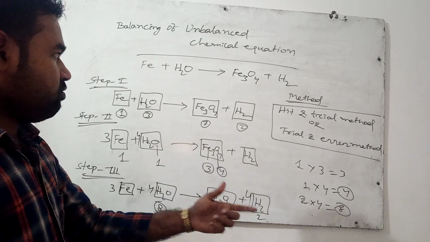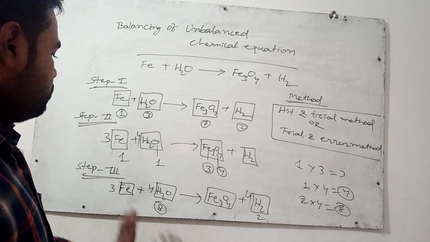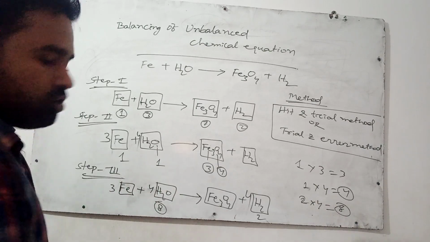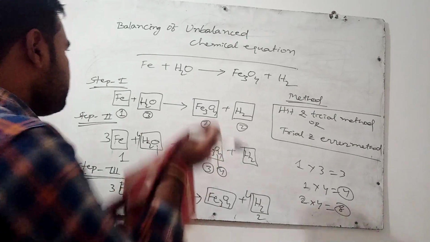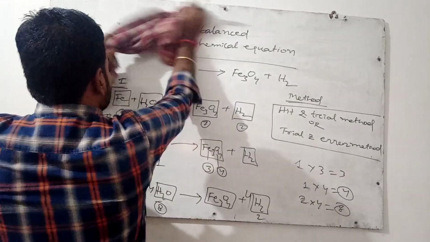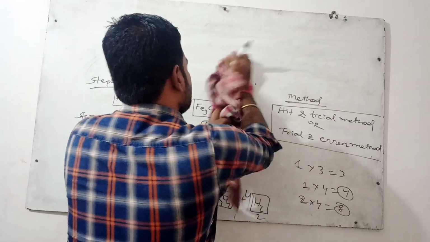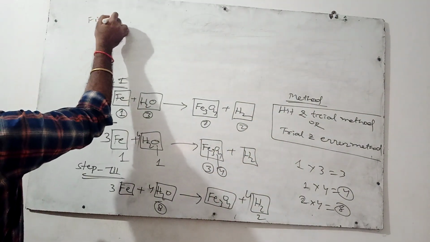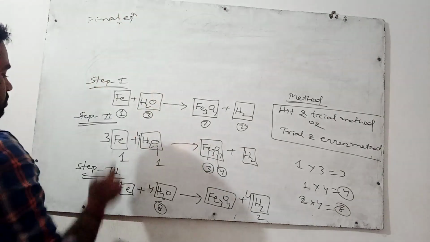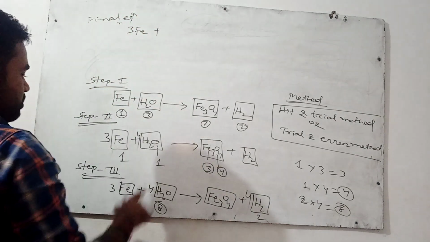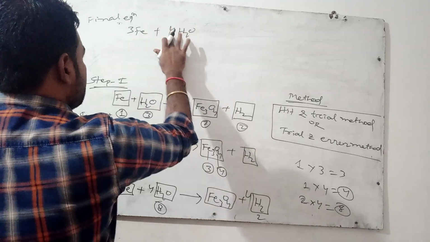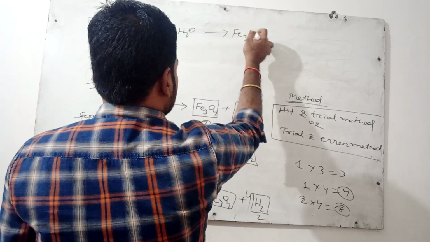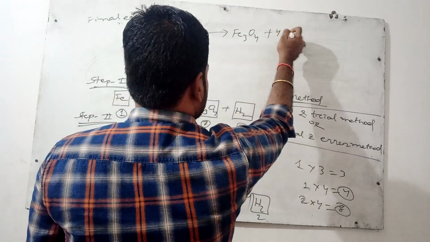After the equation got balanced, what do you do? Just clean the boxes and write the final equation. So what will be the final equation? 3Fe plus 4H2O gives Fe3O4 plus 4H2.